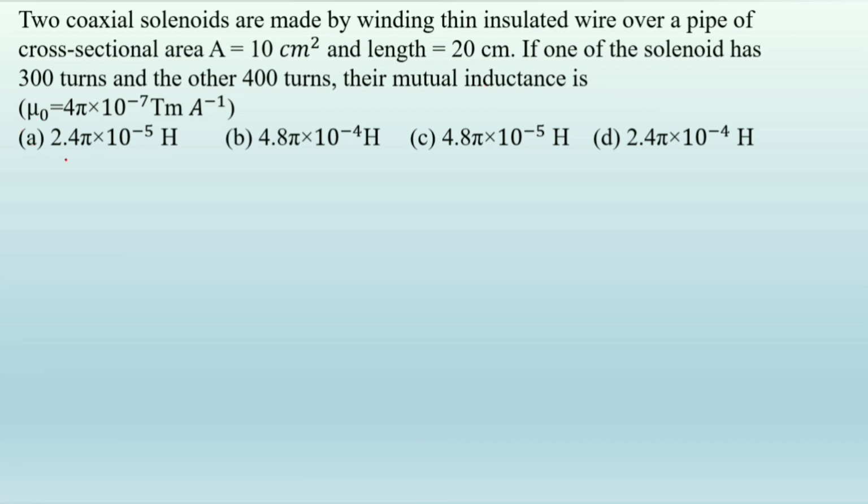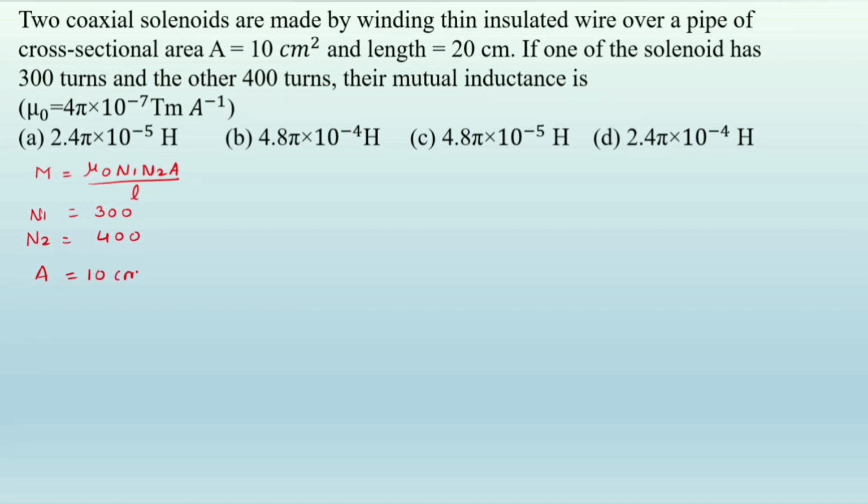See here, mutual inductance is given by the equation M equal to mu naught N1 N2 A divided by L. We can use this equation to calculate mutual inductance. So N1 and N2 is given, number of turns in both the solenoids, that is 300 turns and 400 turns.